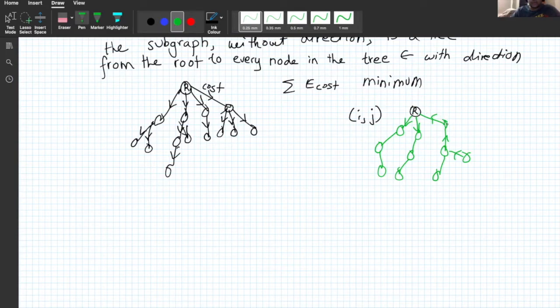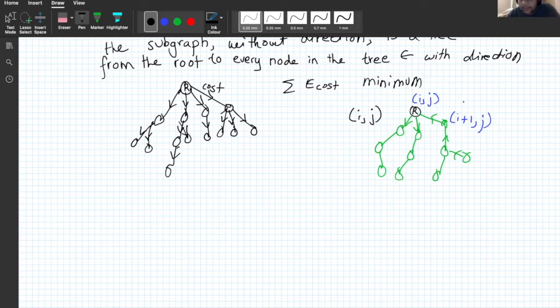So, for example, if this is ij and this is, let's say, i plus 1 j, then this is actually an edge from i plus 1 j to ij. So this is an edge going up.